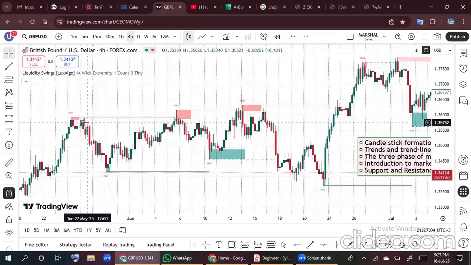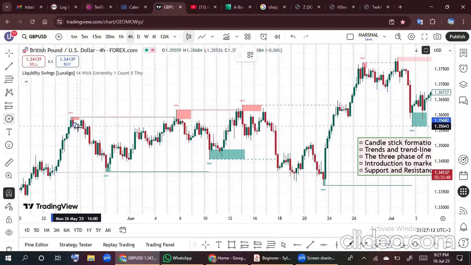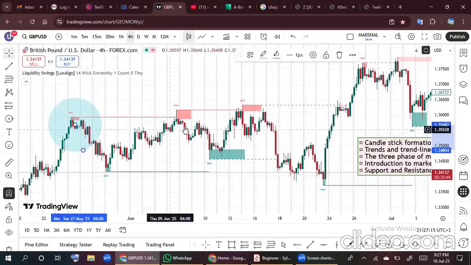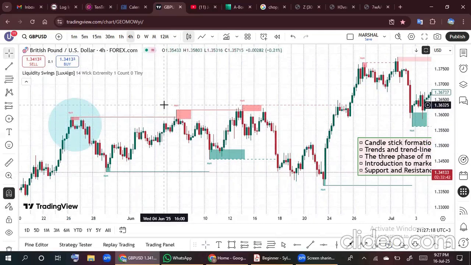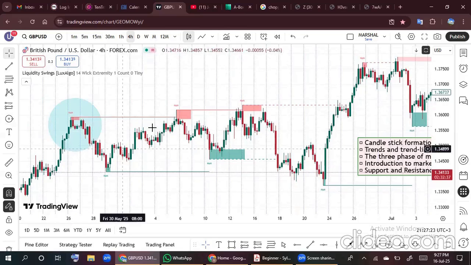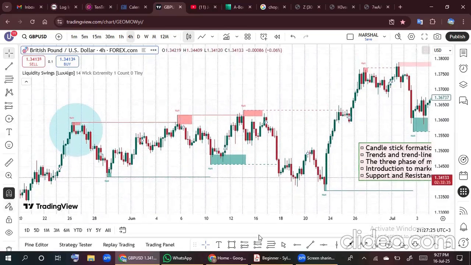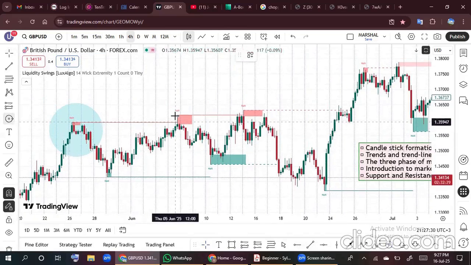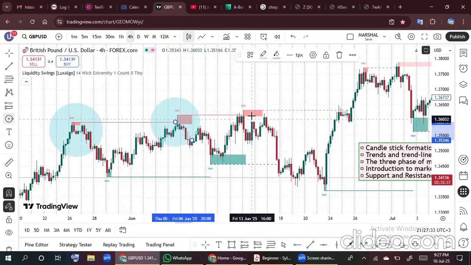For example, here, the market made hesitation here, one here, made the same thing here, made the same here, made the same here.